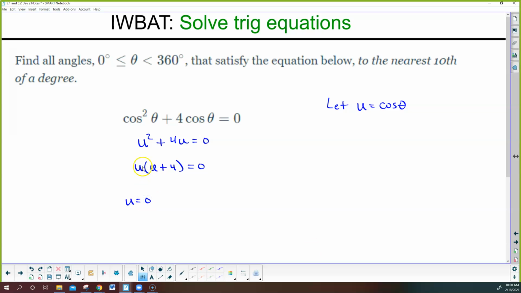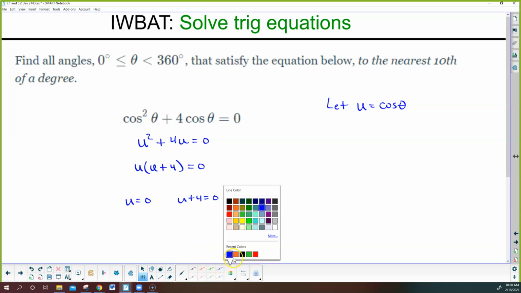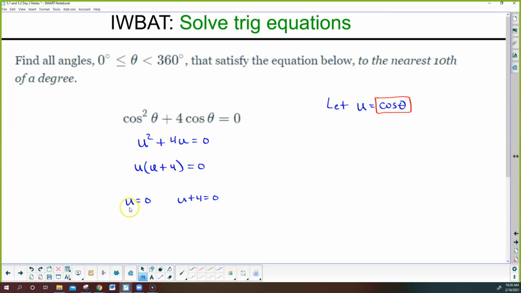Each one of these factors, the u and the u plus 4, is going to be equal to 0. Because now that we know what u is, I can just plug in cosine of theta equals 0. We can figure that out pretty quickly. And then u plus 4, well, that's cosine of theta plus 4 equals 0. I could put plus 4 here, but we know we're going to move that 4 over, so why not just do it in one step?